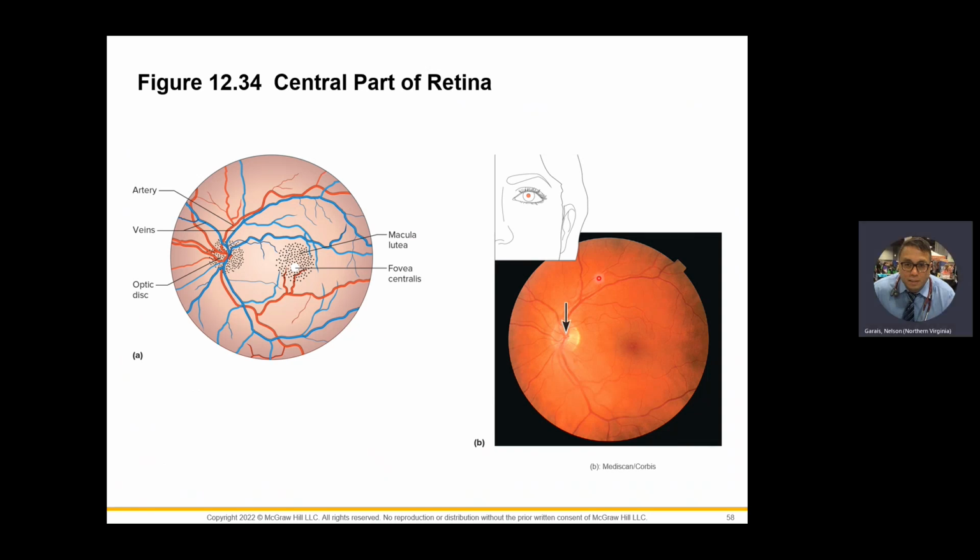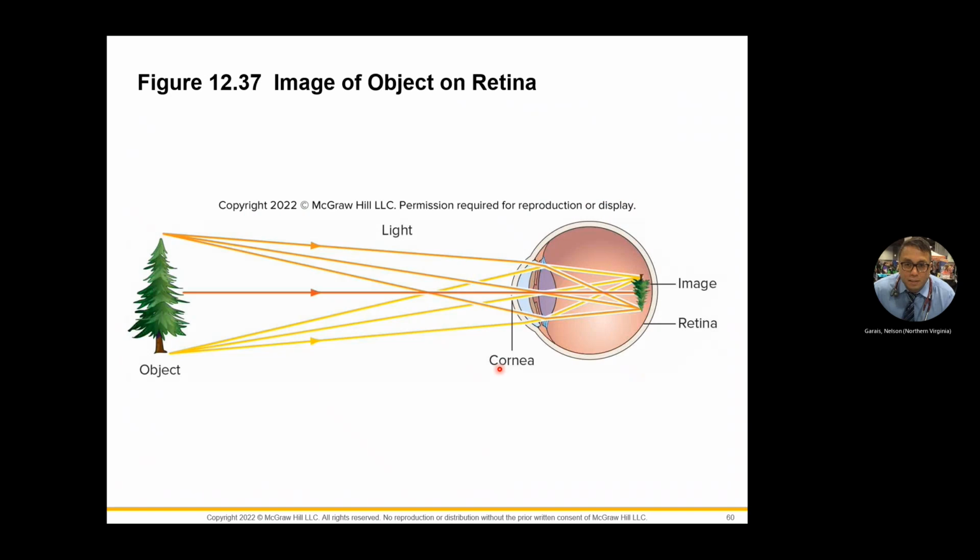Example here, we can diagnose hypertension, we can diagnose diabetes. They'll be like, if my patient's diabetic, you got these things called cotton-wool spots. Vision doesn't look like this. Remember we mentioned in class, there's no image here in the inside of your eye.